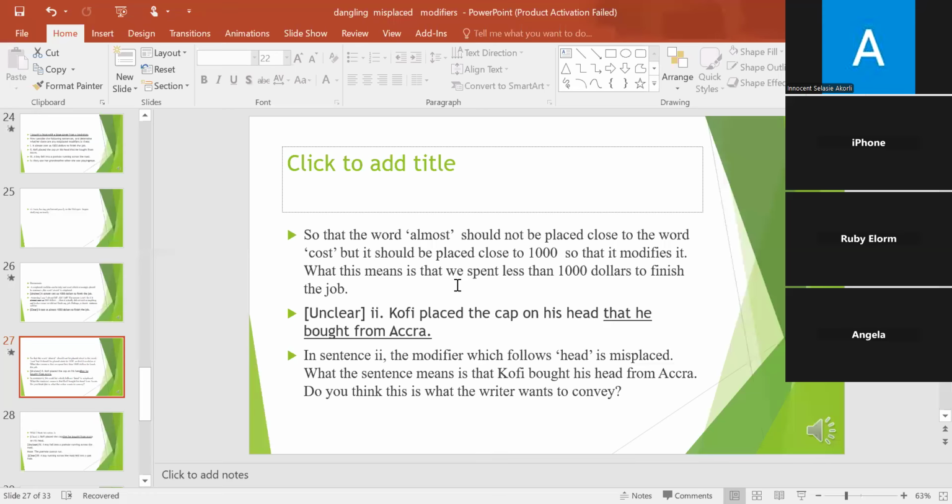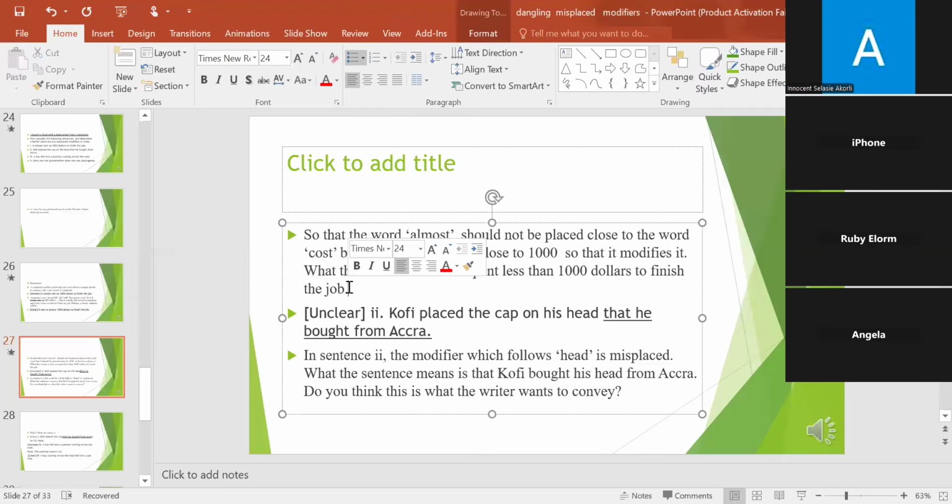The other day, I gave an example of how just one word can bring about differences in meaning. And we saw one example like: only Kofi gave his mother $1,000. I think we did something like that.